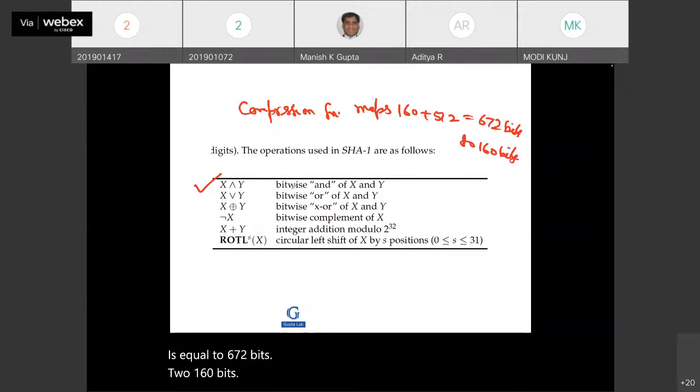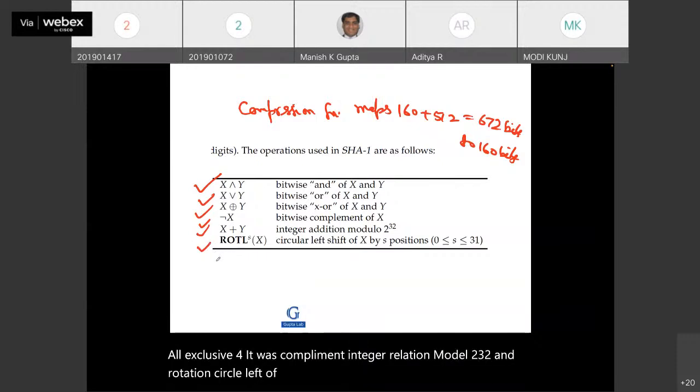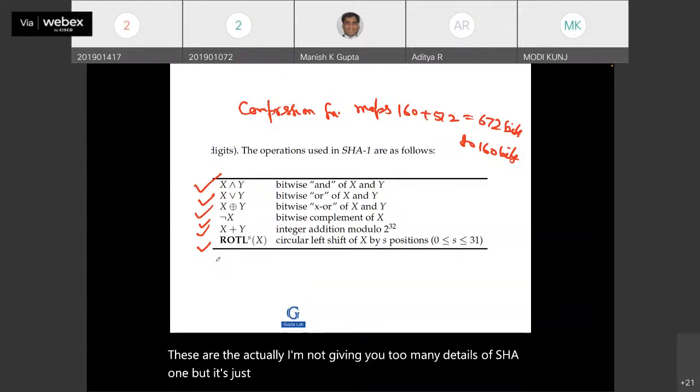And these are the operations: bitwise AND, OR, exclusive OR, bitwise complement, integer addition modulo 2^32, and rotation, circular left shift of x by s positions. I'm not giving you too many details of SHA-1, but it's just a general idea of how it worked.